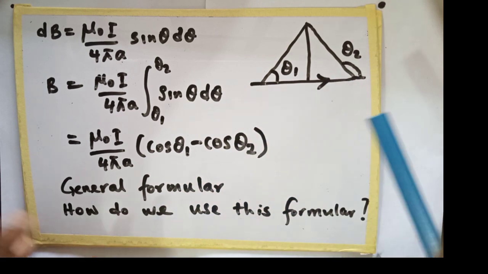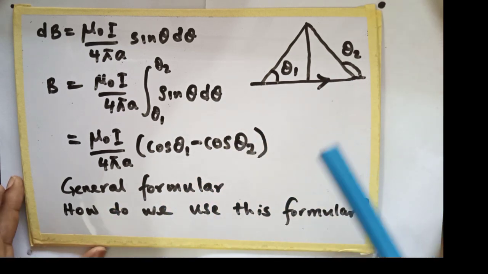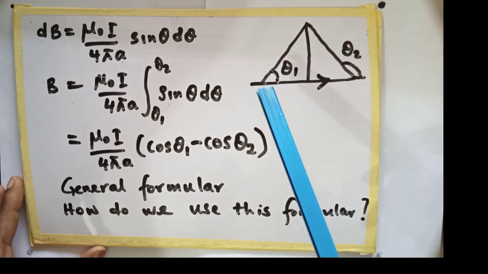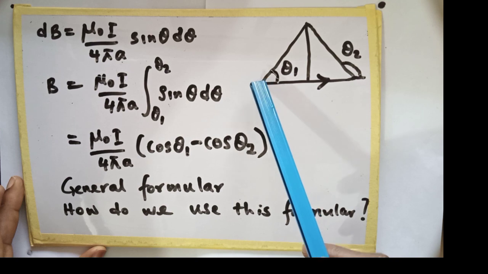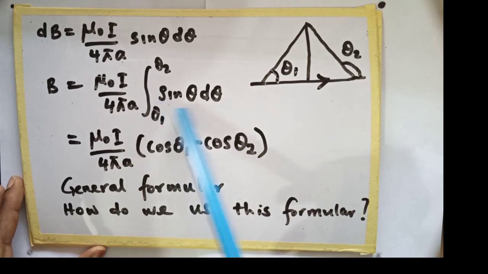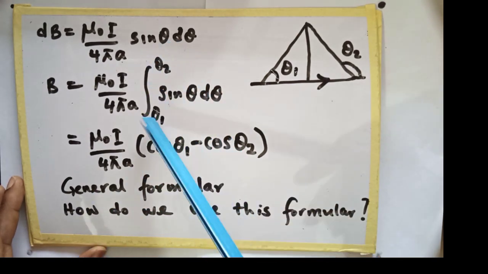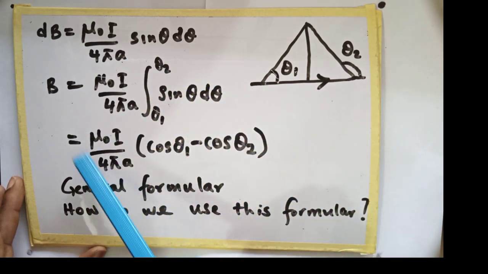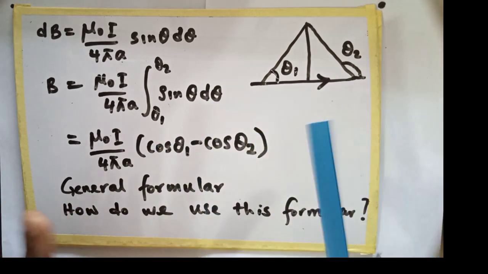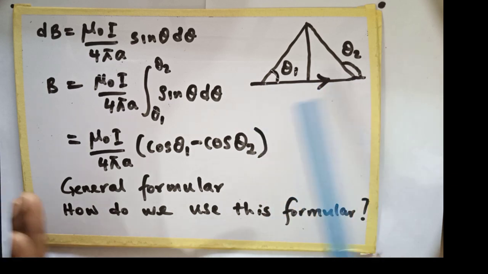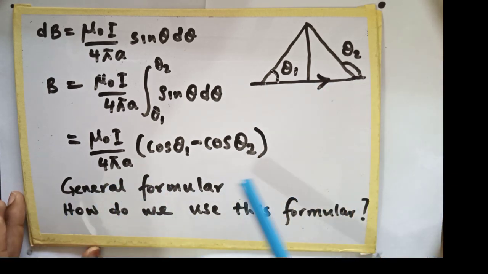In our previous video, we gave the reason why it must always be theta 1, this point and this point. We said the angle that the current leaves behind is the theta you must consider. So when you integrate this one, you have cos theta. After cos theta, you substitute your values, the upper and lower limits, and you have this one. So this is the general formula that can be used to solve all problems relating to a straight line or a straight current carrying conductor. So it is called the general formula.